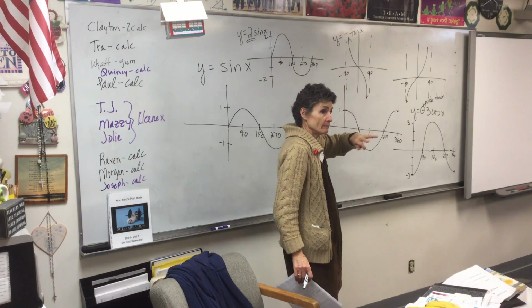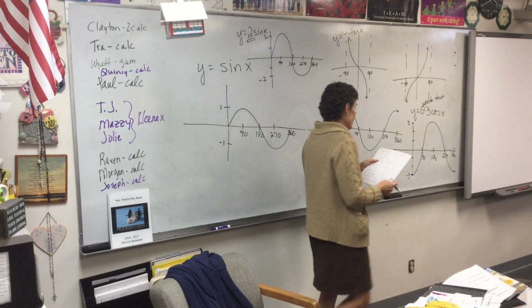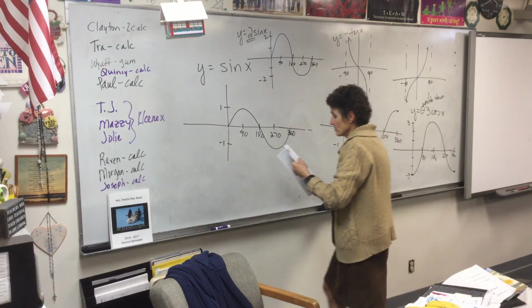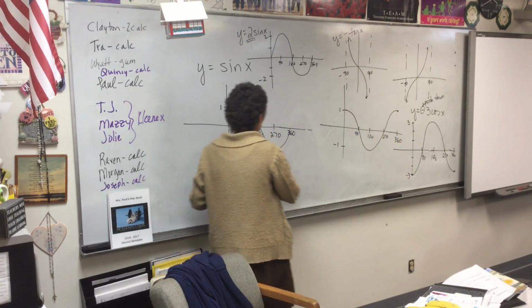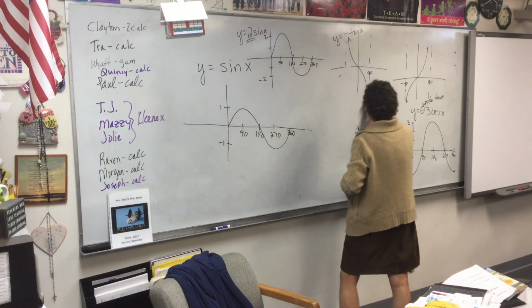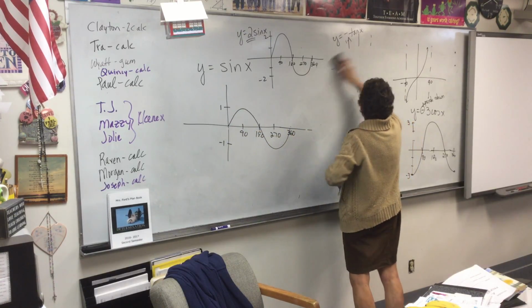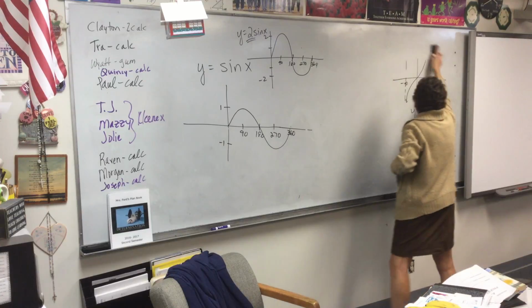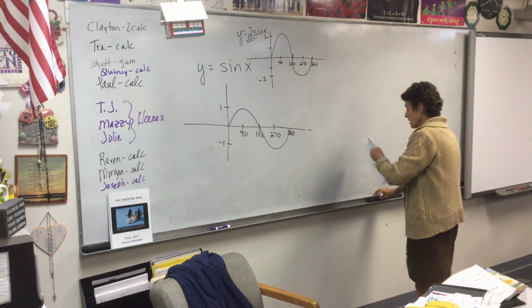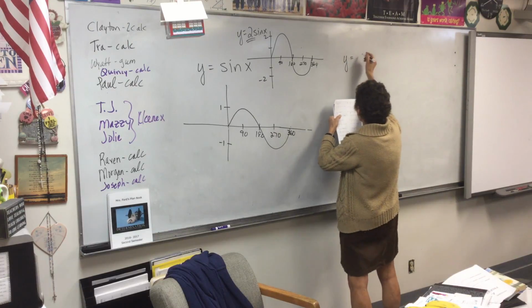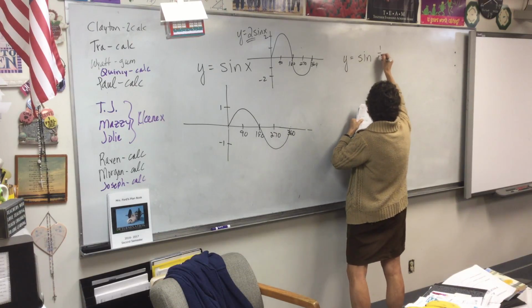So far, so good? All right, so now we're going to change some other stuff here. So this next one's a sine, so I'm going to go ahead and leave my sine graph here, but I'm going to erase these. You have them written down. And we are going to sketch y equals sine 1/2 x.